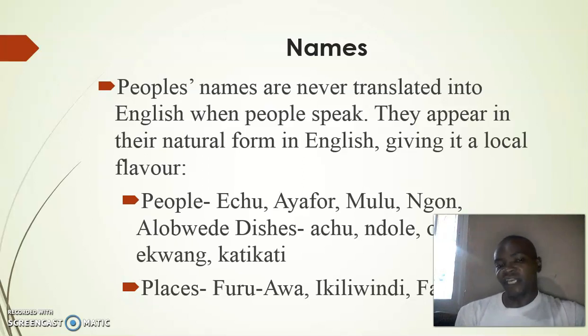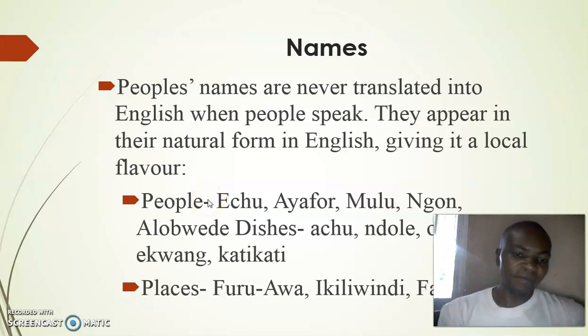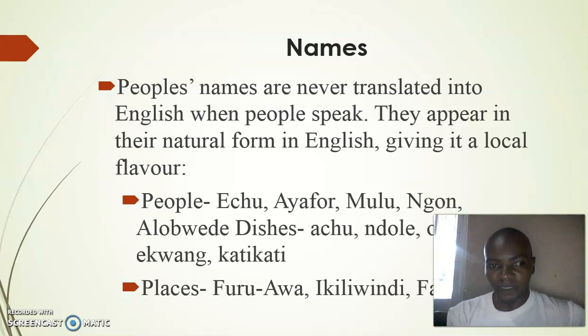For example, you have Echu, you have Ayafo, you have Mulu, you have Ngong, you have Alubede. So these are names of people. These are names that are common in Cameroon, and when one is speaking English, these names come in. So that becomes a local influence, or influence from our local languages into the English language.